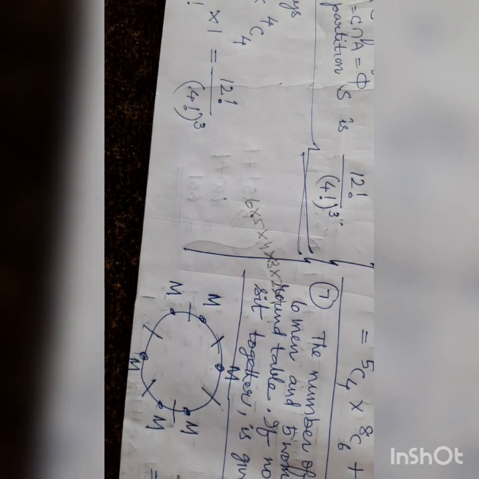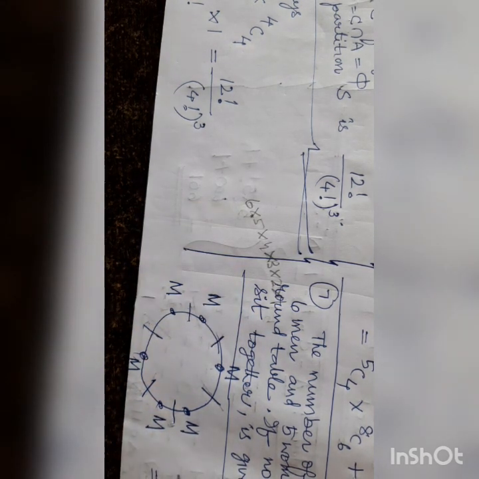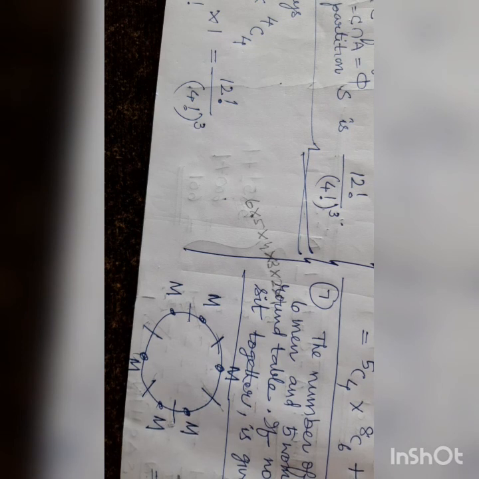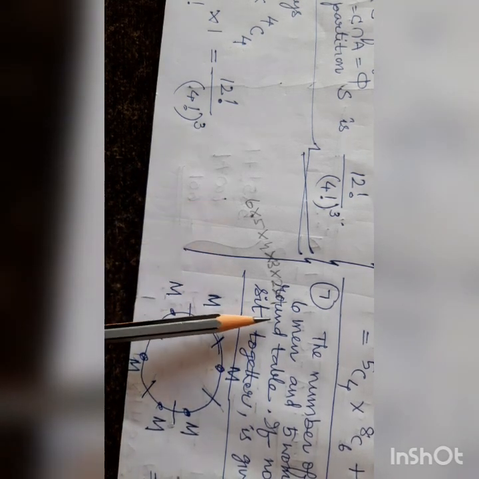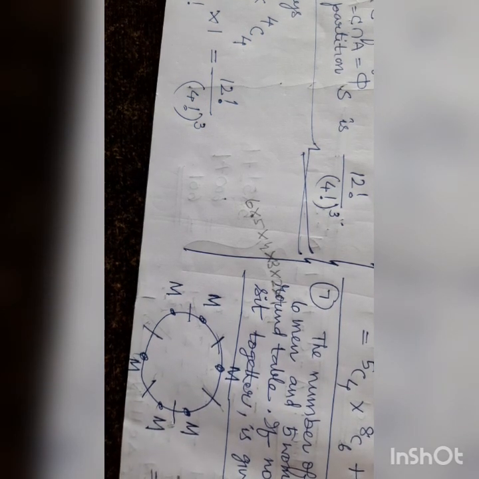If it is 6C5, then you write it whole divided by 5 factorial also. Because this is permutations P, 6P5, we don't divide by anything. Only for permutations P we write backwards natural numbers.